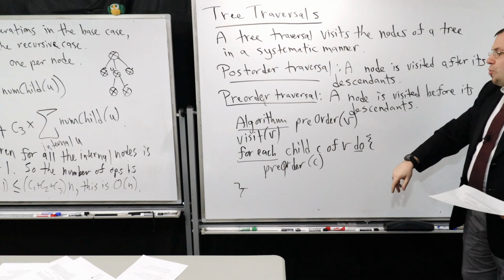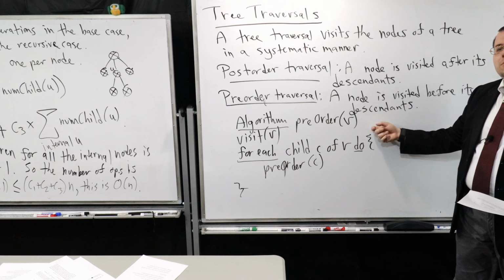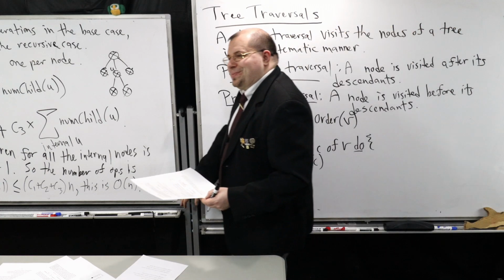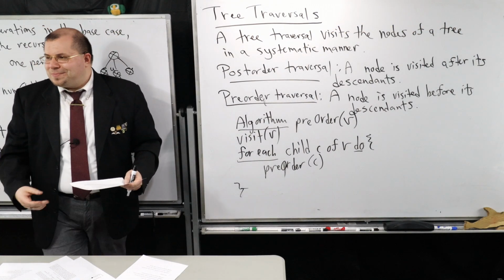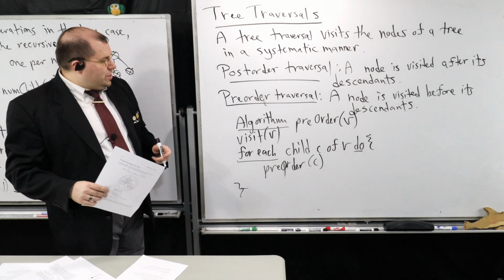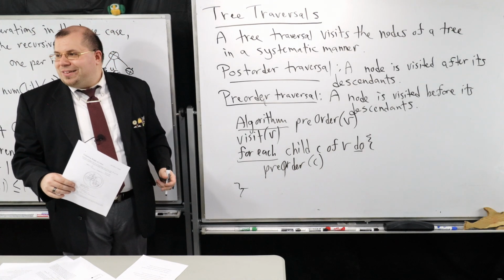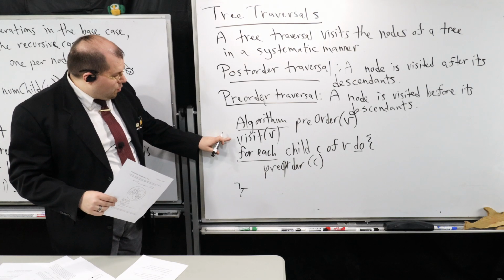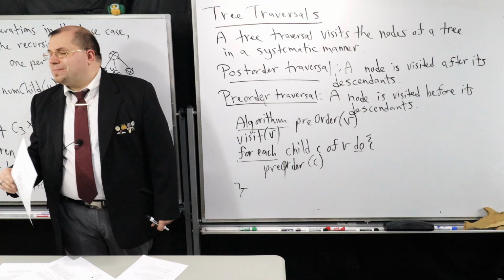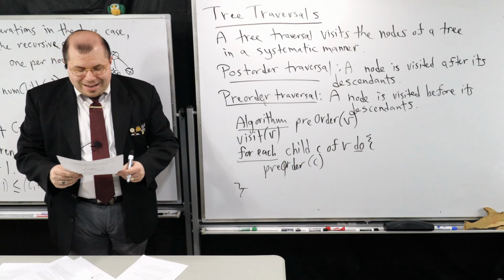Quick question, what can I do to make post-order? Any ideas? What would post-order look like, based on what I've defined post-order to be? Where should visit go? Does it go before the loop, like I have here in pre-order, or does it go after the loop? Yes, exactly.